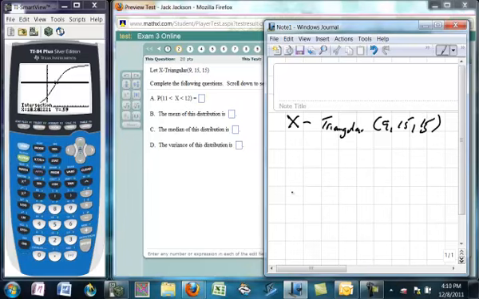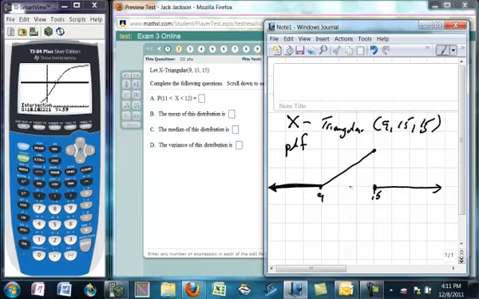What this means is when you go up to 9, below that the PDF is 0, and above 15 it's 0. This one says the mode is at 15, so at 15 it's the highest, and in between it goes straight up, so it makes a triangle.